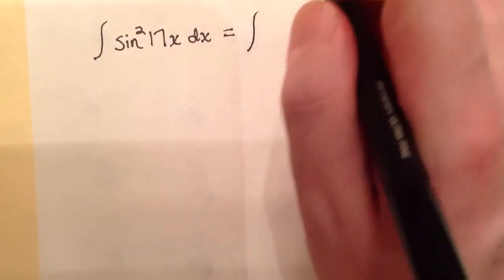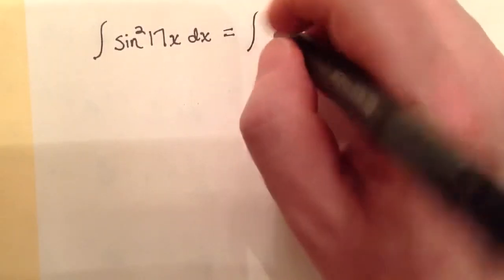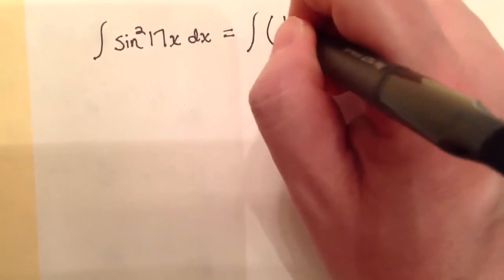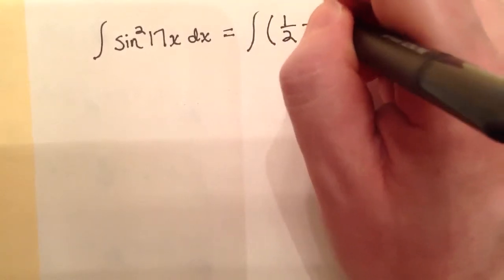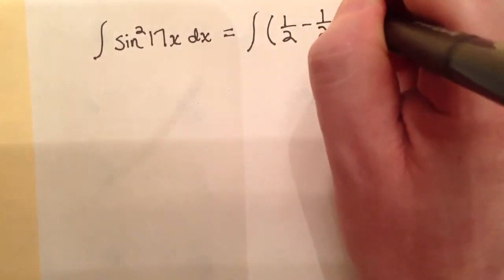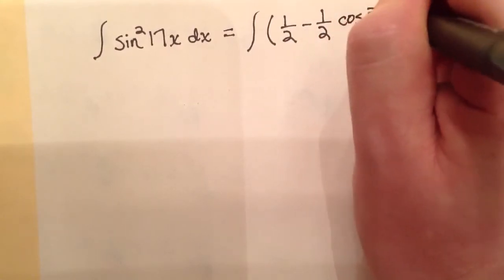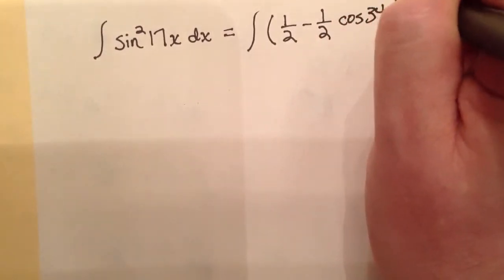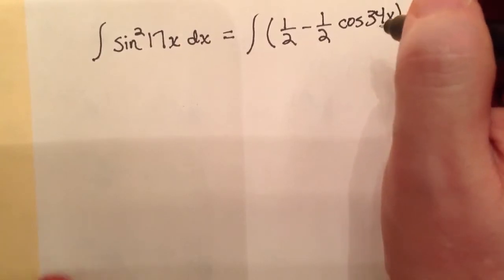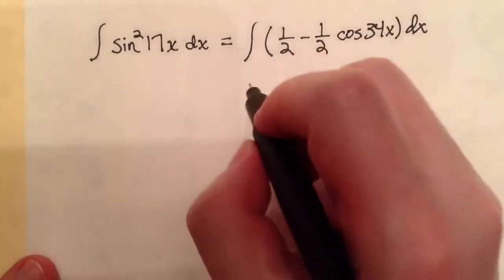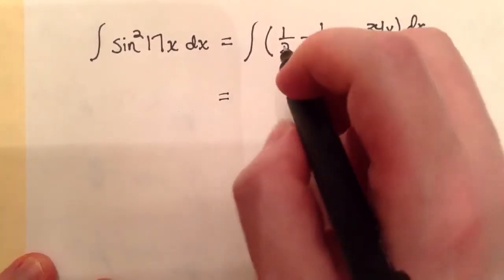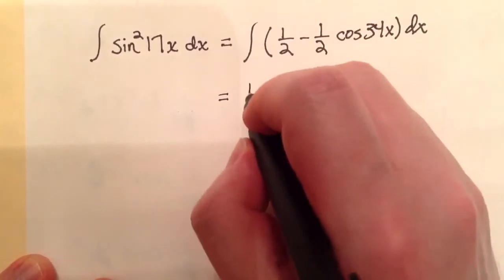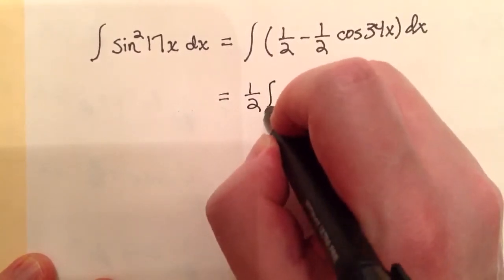So in the rewrite, we now have the integral of 1/2 minus 1/2 of the cosine of 34x dx. And as we look at the follow through on this one, we split it up as two integral statements.